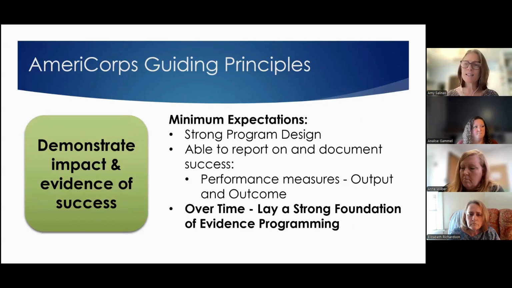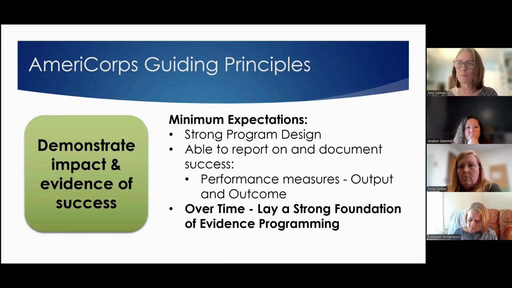And based upon the activities you've outlined for your AmeriCorps members, you're going to have to be able to, one, show in your grant application that you have some information or evidence that your program is likely going to lead to success. Like you believe if your members do these activities, they're going to see these results. And over time, you're going to be expected to collect information that shows the impact of your AmeriCorps members.